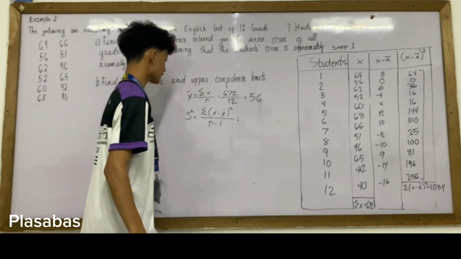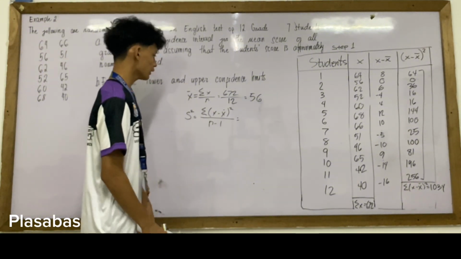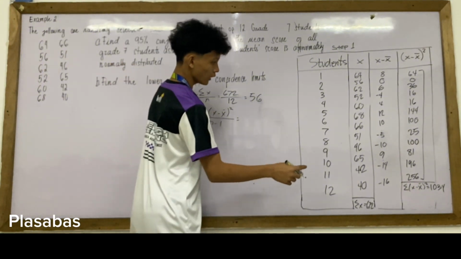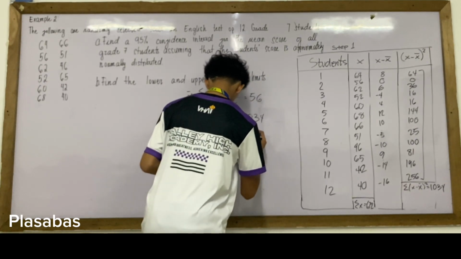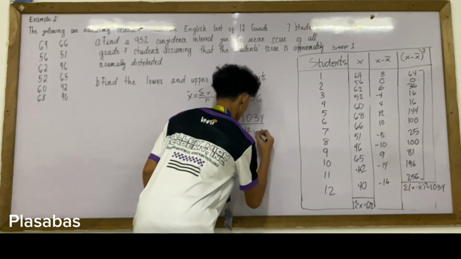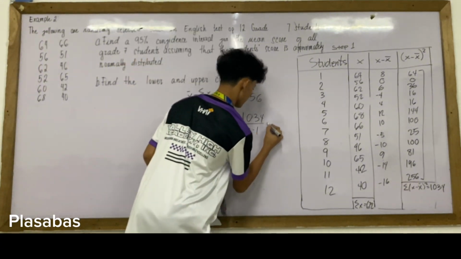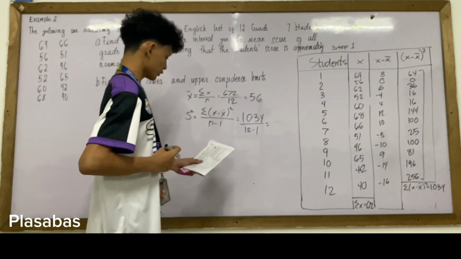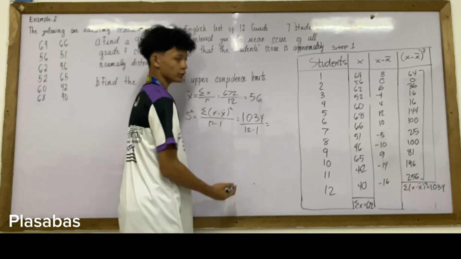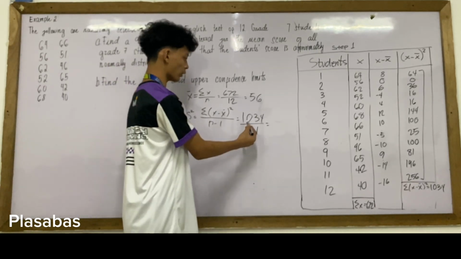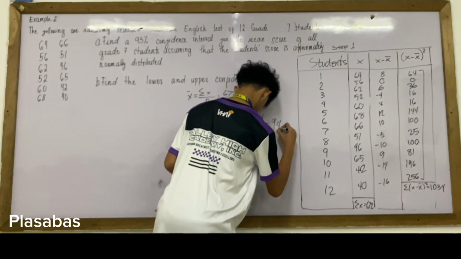So the summation of x minus sample mean squared is equal to 1034 over 12 minus 1. We need to solve it. 12 minus 1 is equal to 11, and then 1034 divided by 11 is equal to 94.